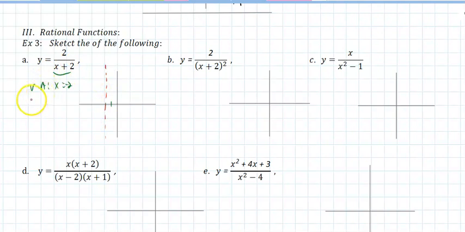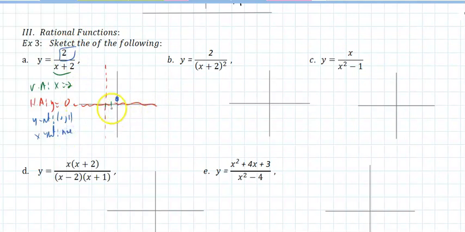You have a horizontal asymptote, y equals 0, and the graph crosses. If you replace x by 0, you notice you get a 1. And there are no x-intercepts because the top can never equal 0.